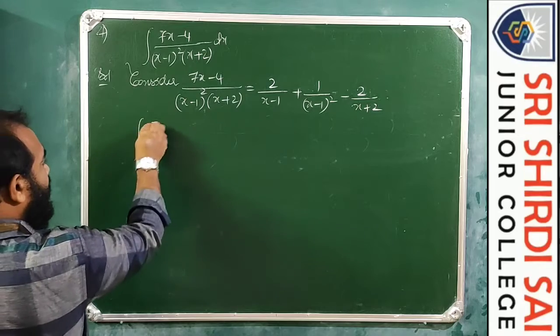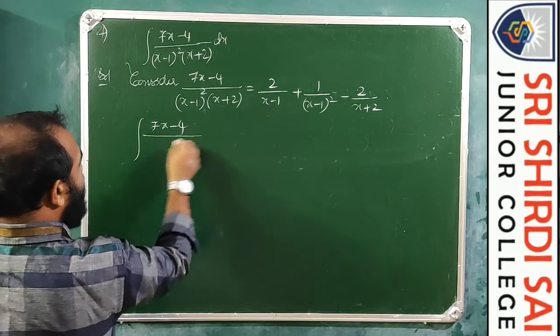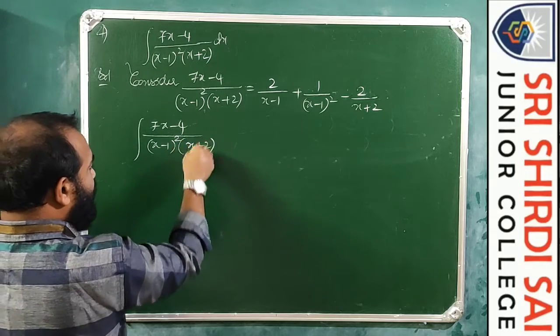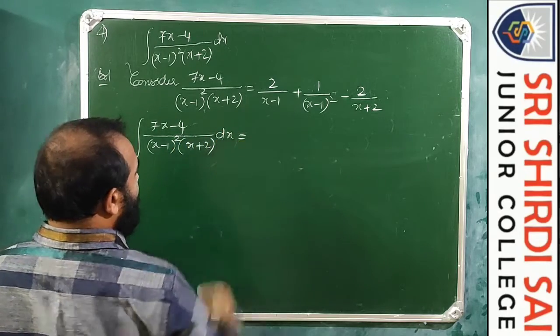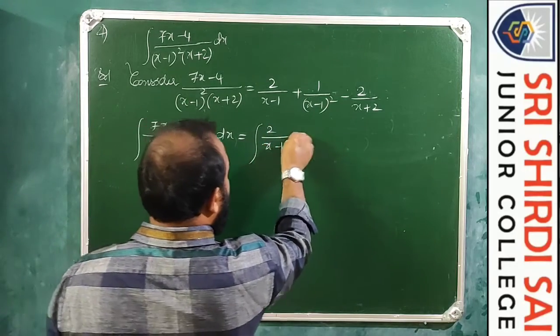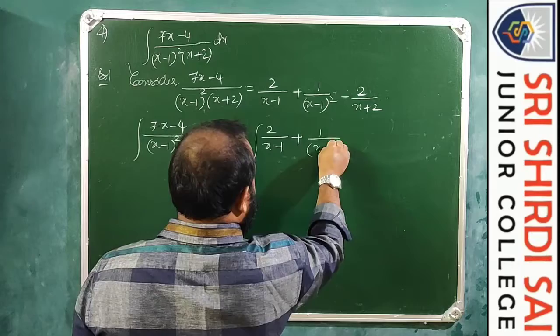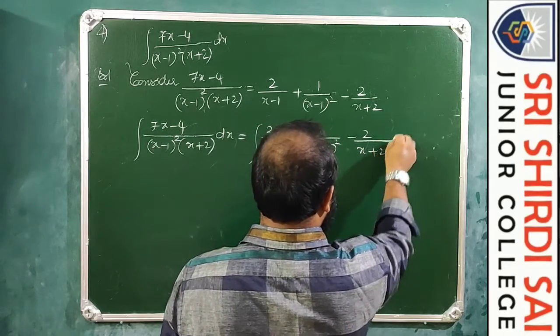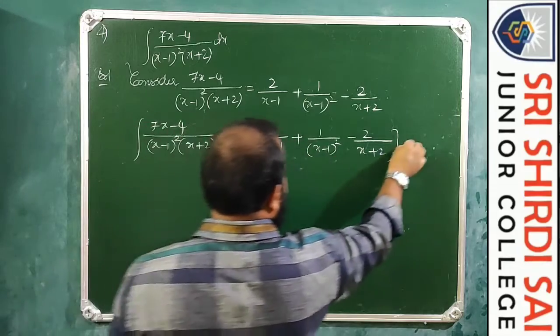Now integrate on both sides. Integral of (7x - 4) / ((x - 1)^2 (x + 2)) dx is equal to the integral of 2 / (x - 1) plus 1 / (x - 1)^2 minus 2 / (x + 2) dx.